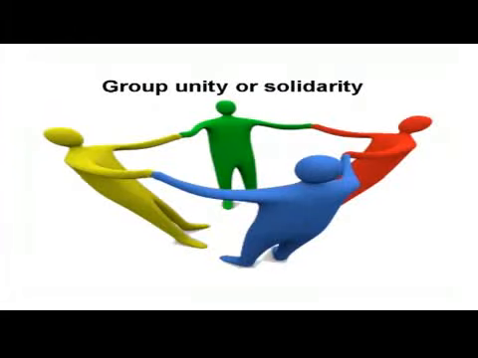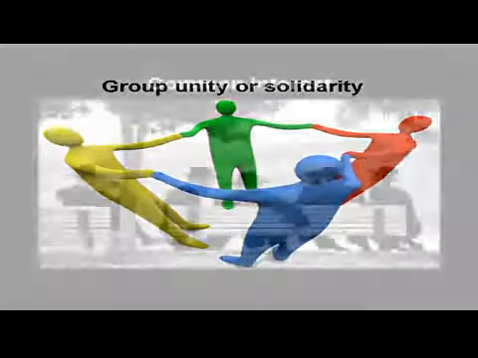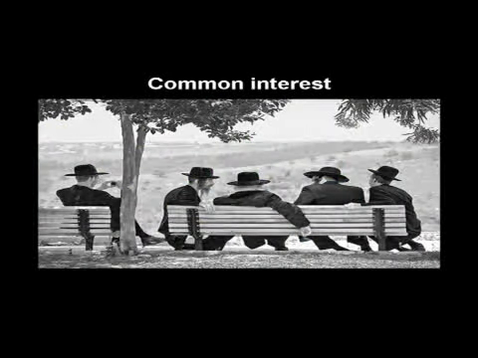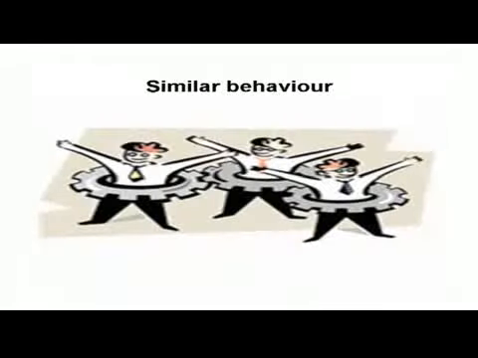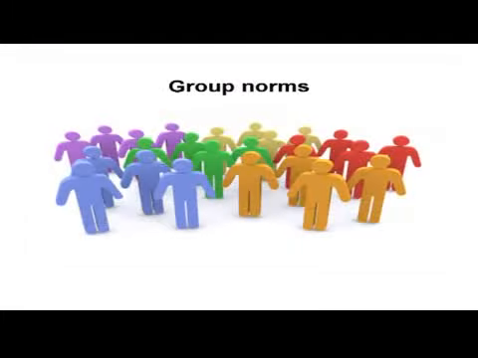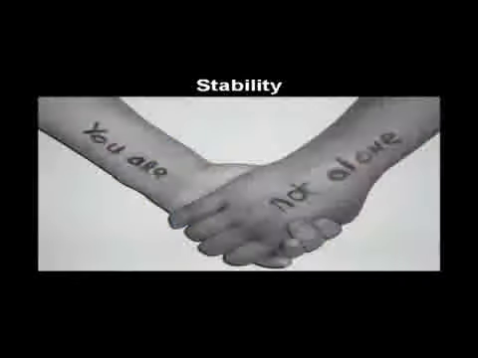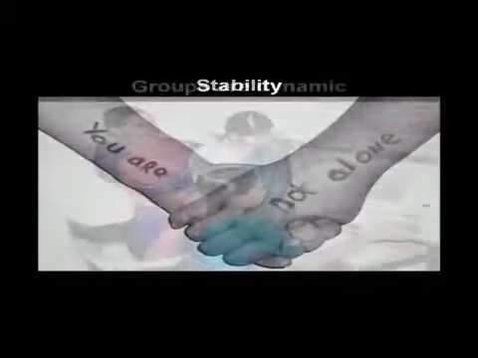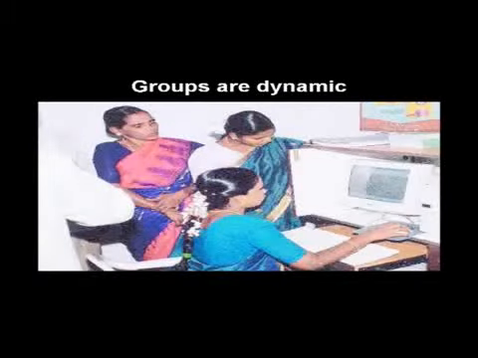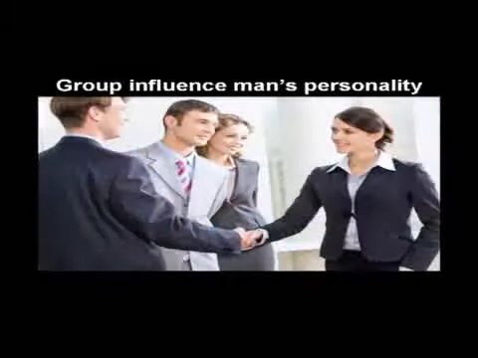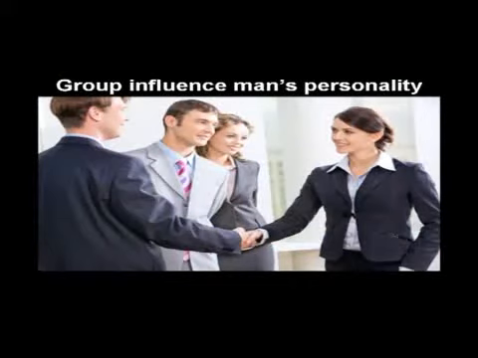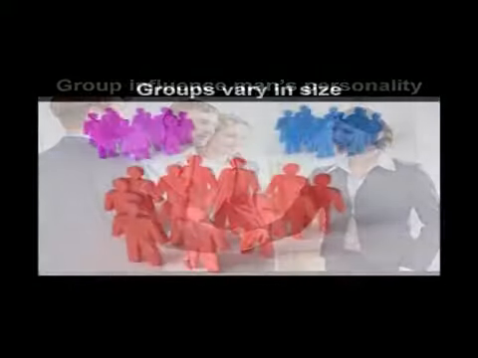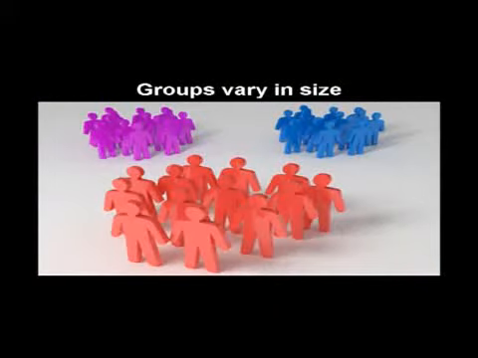Group unity or solidarity. 6. Common interest. 7. Similar behavior. 8. Group norms. 9. Stability of the group. 10. Groups are dynamic. 11. Groups influence man's personality. And the last one is groups vary in size.